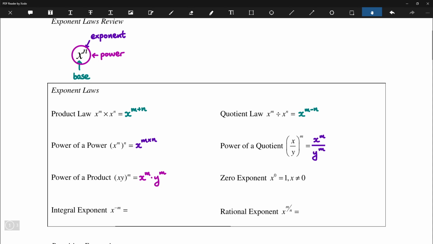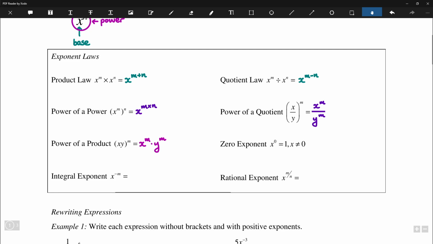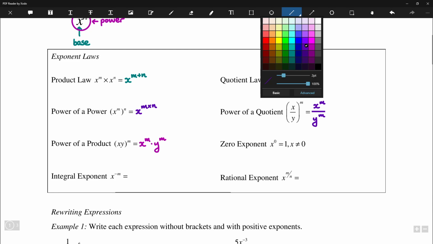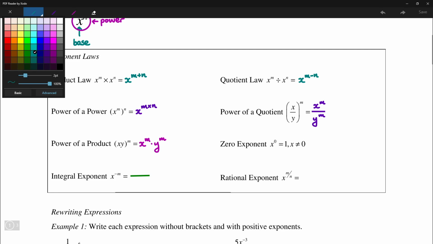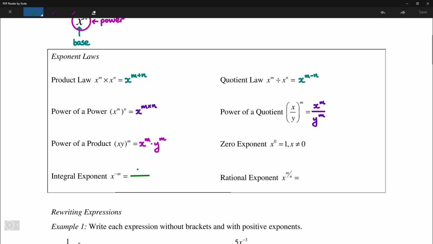Next up, if we have x to the negative m power, then here we have the reciprocal. So that's equal to 1 over x to the m. And finally, if we have a rational exponent, for example, x to the m over n power, then that is the same as x to the m power and then the nth root.